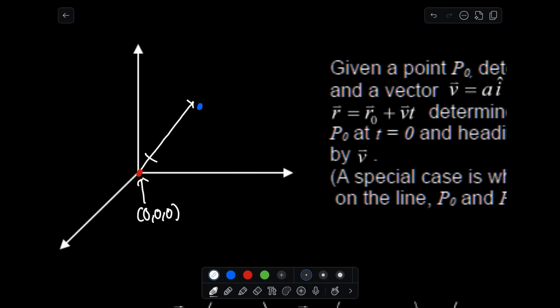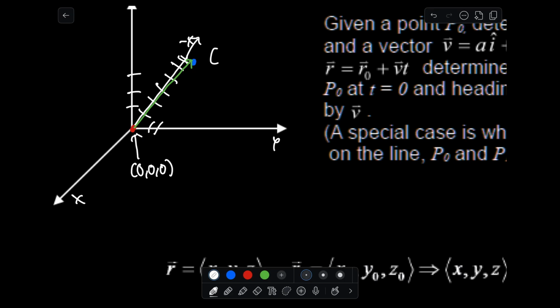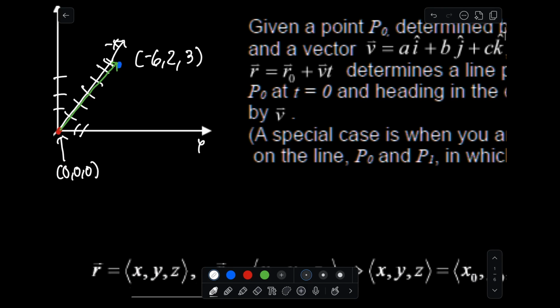And let's say we're going 1, 2, 3, 4, 5, 6 in the negative x direction, but we go 1, 2 in the y direction, and we go up 3 in the z direction. We can see the vector that's being formed, this line, we can determine what it's going to look like. And what we can say is that this is going to be -6, 2, 3. And we can actually determine this from the special case.